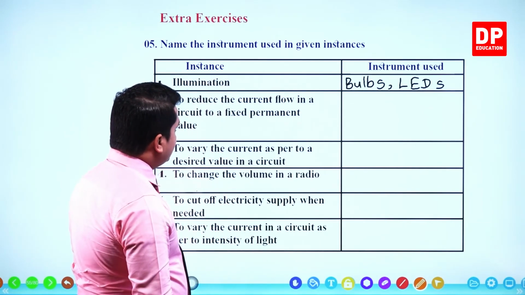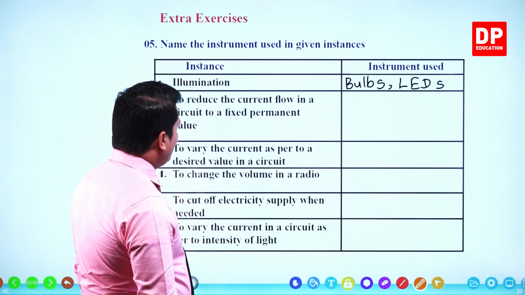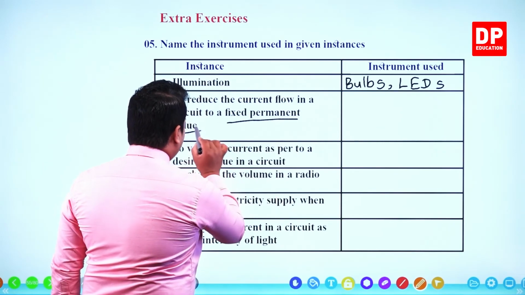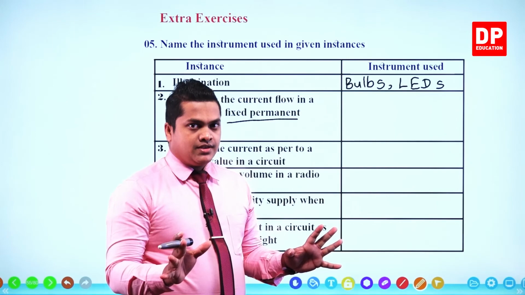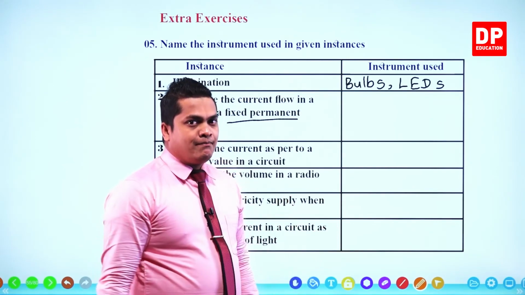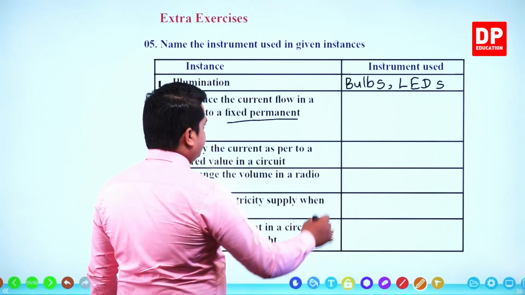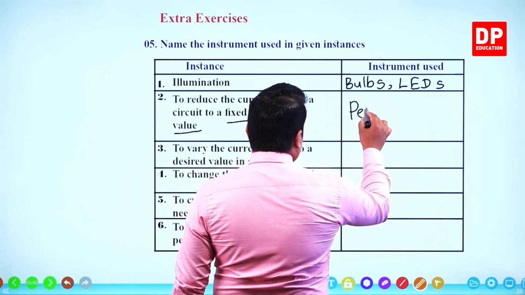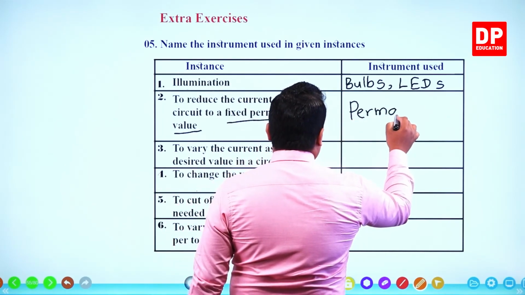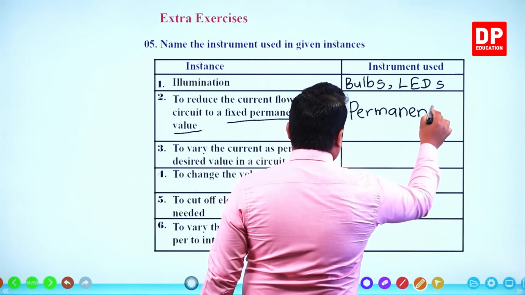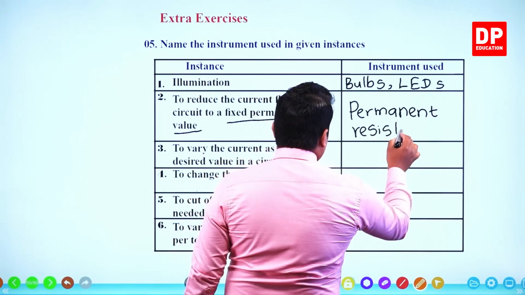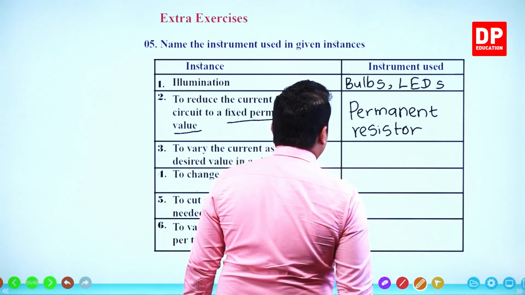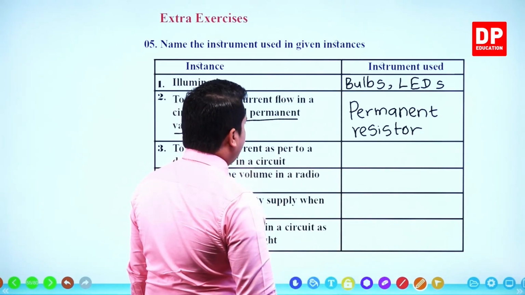To reduce the current flow in a circuit to a fixed permanent value, that means we can't vary it. So in that case, we use a permanent resistor.